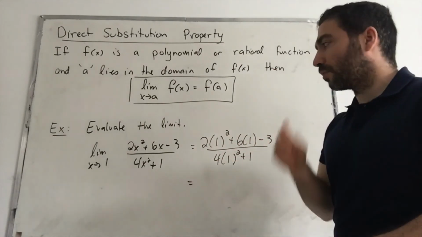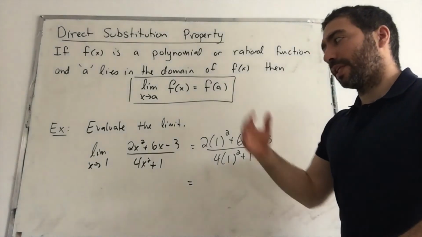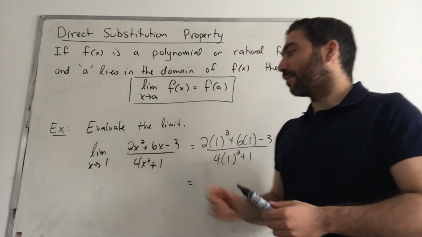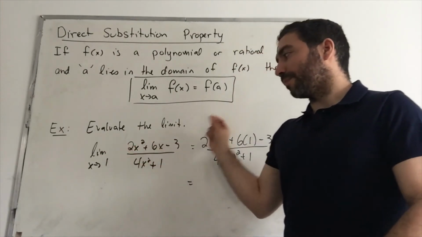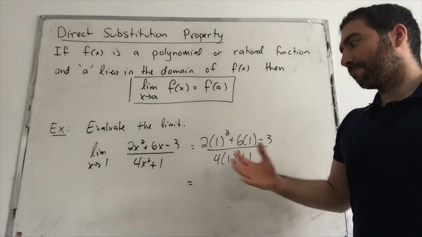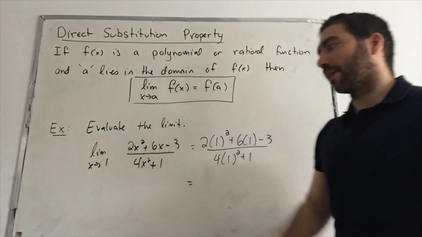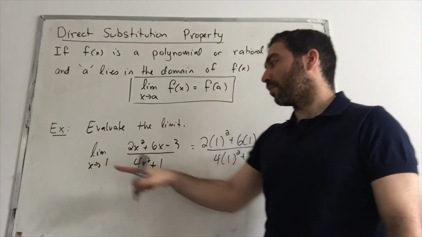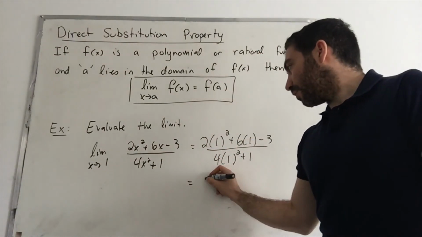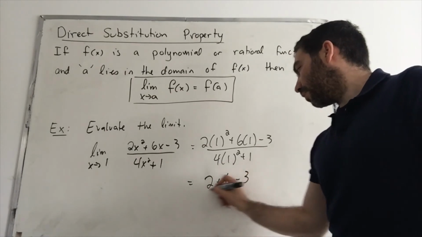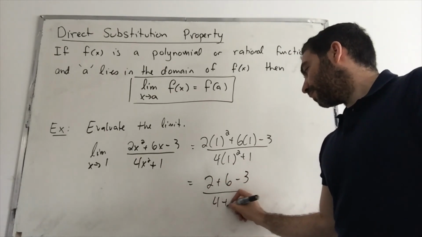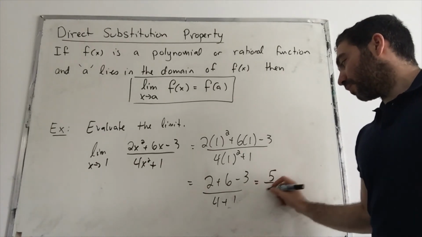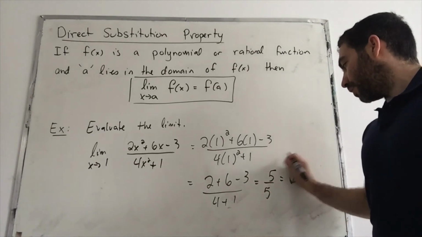And this is a lot quicker than having to state and take the limit of each term, apply the quotient rule, the sum and difference property, the constant multiple law. Direct substitution just allows us to evaluate the limit immediately. By plugging in whatever x approaches, this gives us 2 plus 6 minus 3 over 4 plus 1, giving us 8 minus 3, which is 5, over 4 plus 1, which is 5, and this is just 1.